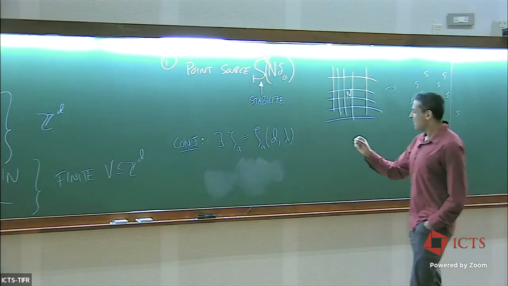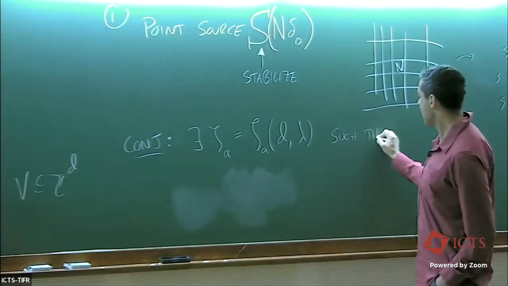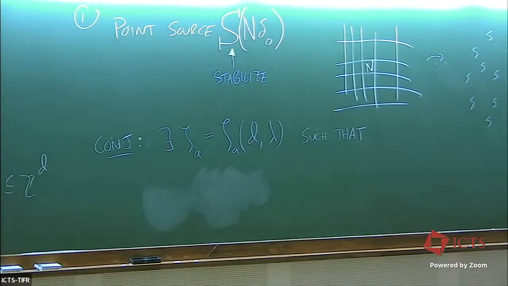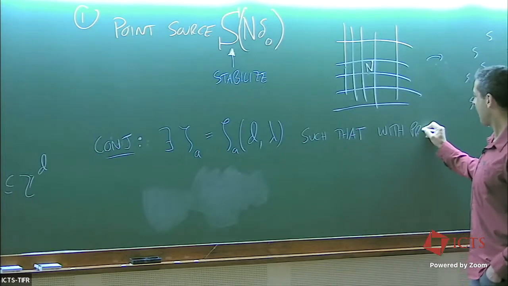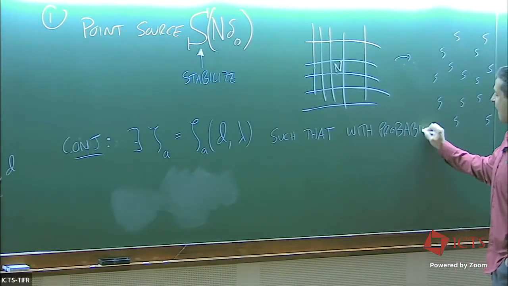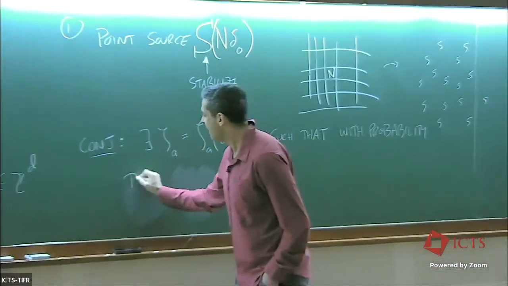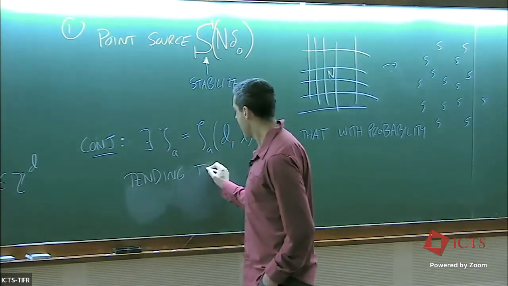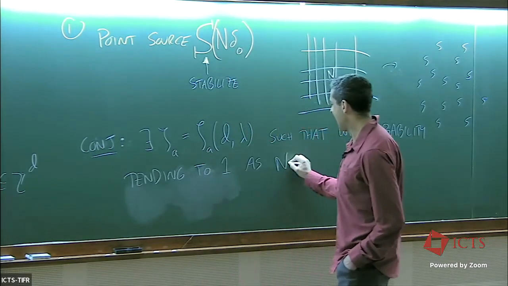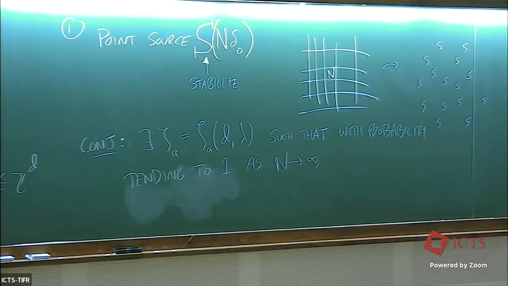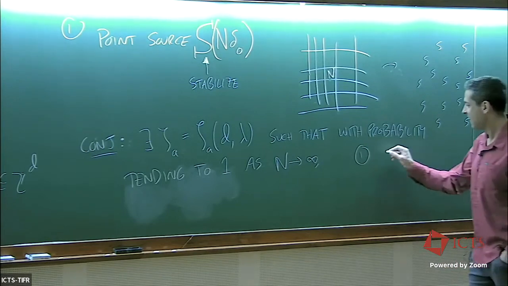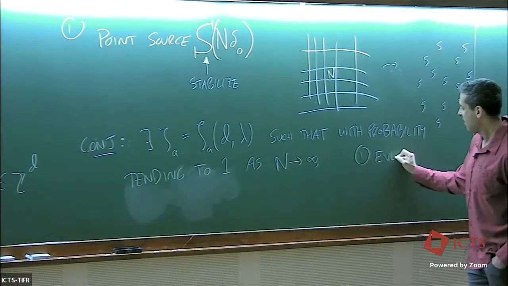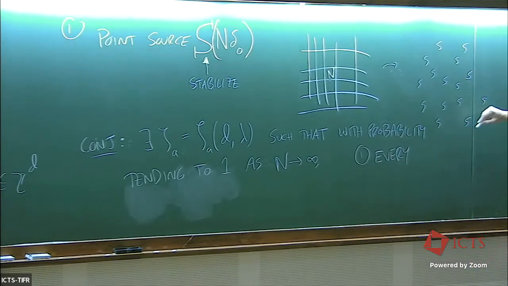Some real number such that with high probability, so with probability tending to 1, as N goes to infinity, we're going to bound this aggregate between 2 balls.